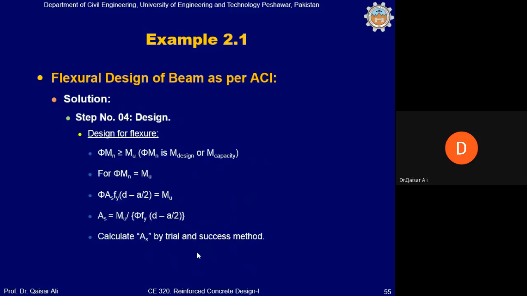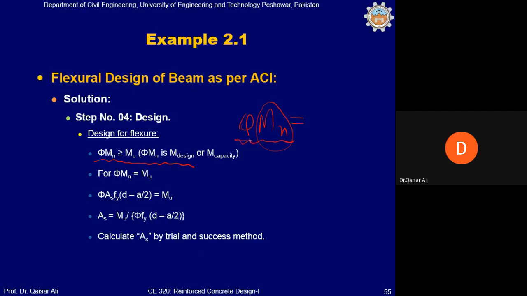Now the next step is the design step, and in the design step, the basic thing that we have been discussing from the beginning is the flexure capacity, which is now ϕMn. Mn is the nominal capacity. Mn alone is nominal capacity.